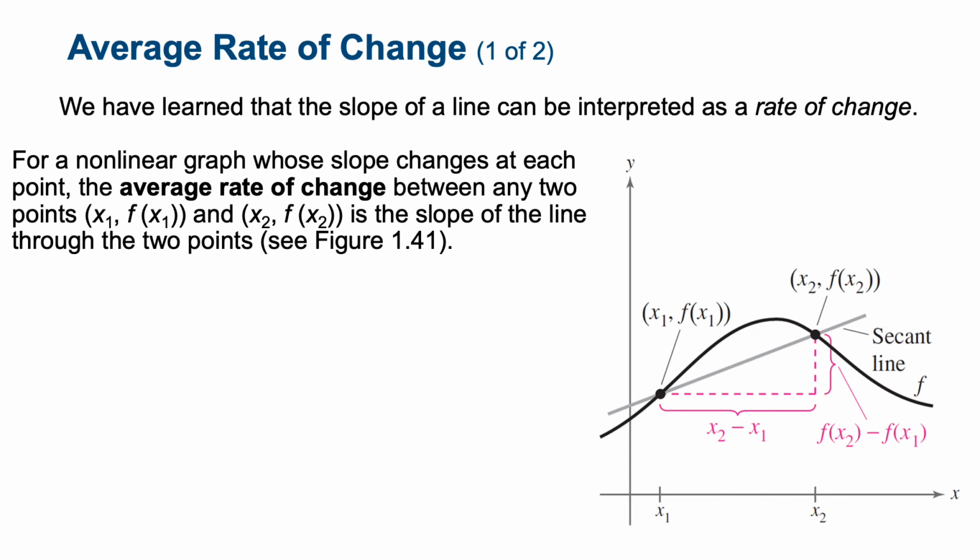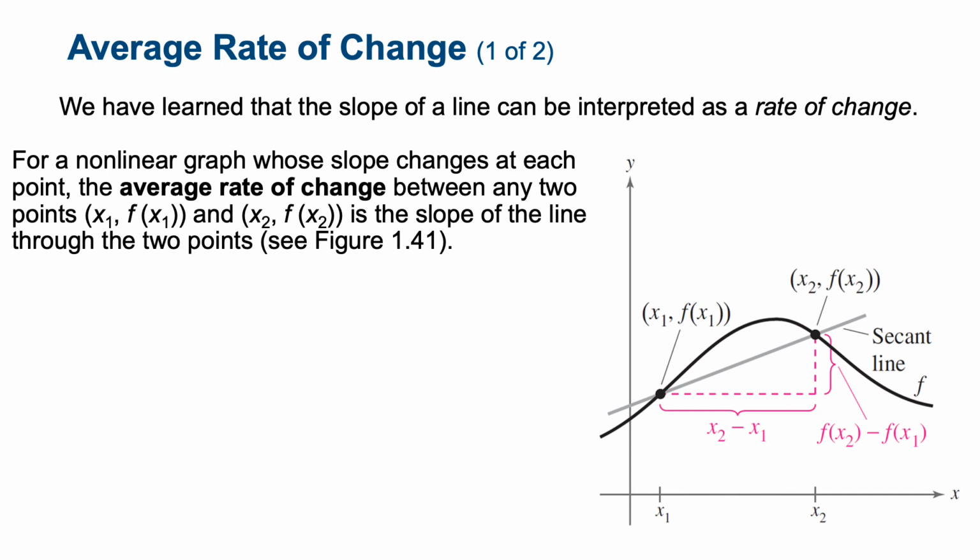So if you have 2 points, when the line hits the graph in 2 places and you draw a straight line, it's called a secant line because you cut it, right? This secant line has a slope.